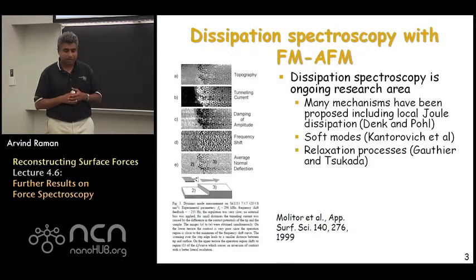For example, going back to some of the earliest studies on the subject, work of Denk and Pohl, who actually showed in their case that the dissipation mechanism that they were encountering at a very high resolution was actually related to a non-contact Joule dissipation effect, which is rather interesting because they were oscillating the tip in a non-contact mode of operation in the attractive regime, and yet there was dissipation coming out.